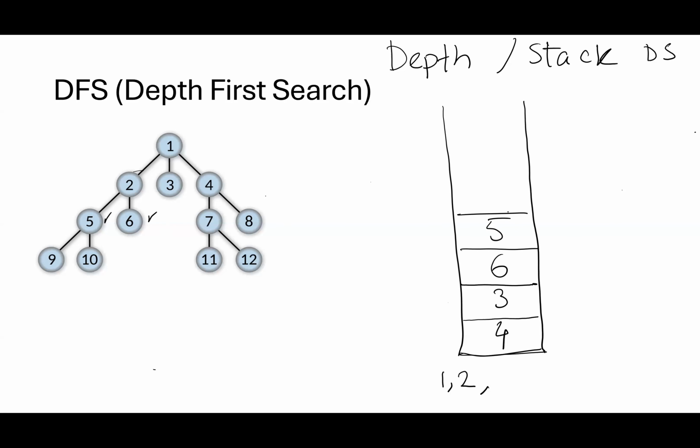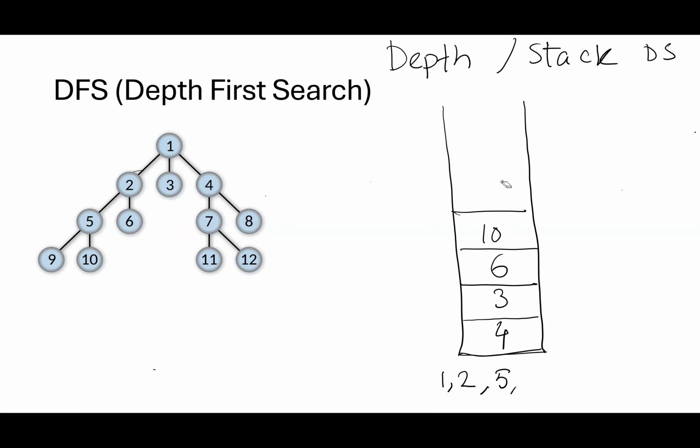All the children are pushed. Now the stack is not empty, so we pop again. We first pop 5, and then we push the children of 5, that means 10 and 9. Then we are done pushing the children.